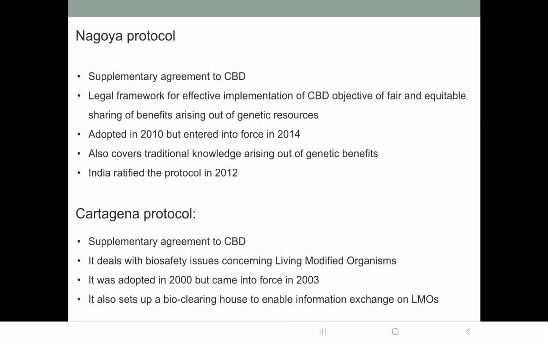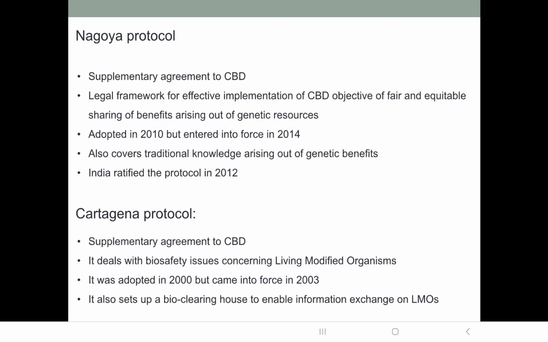Now, the Nagoya Protocol was adopted in 2010, but it entered into force in 2014. That means 4 years after its adoption, it entered into force, and it is ratified by about 137 parties. It covers the traditional knowledge which is associated with the genetic resources.